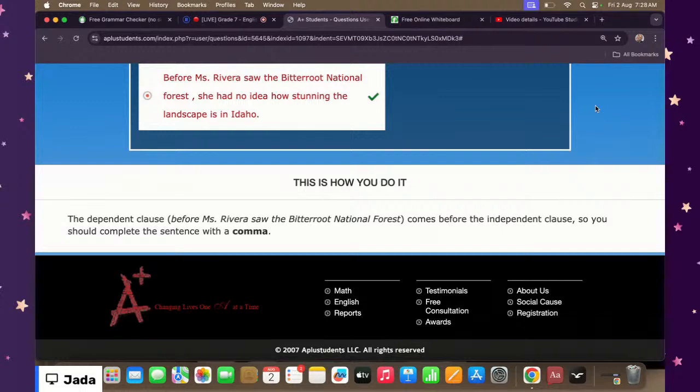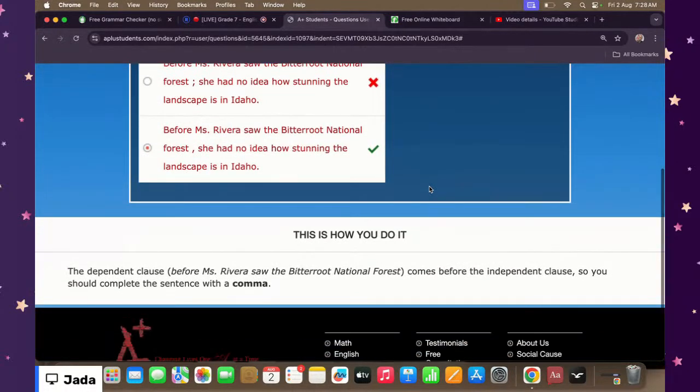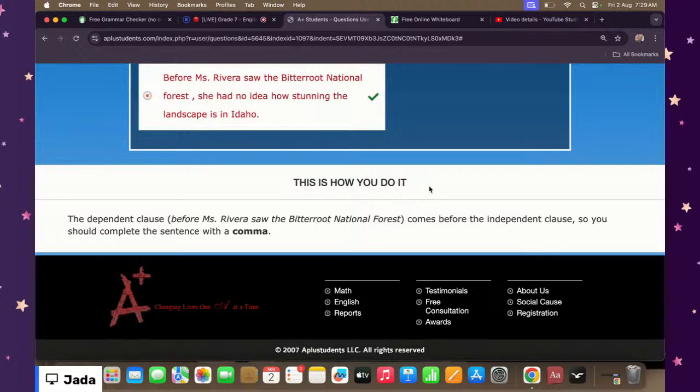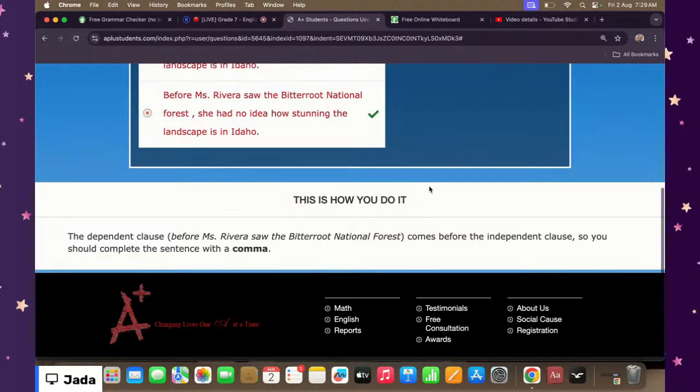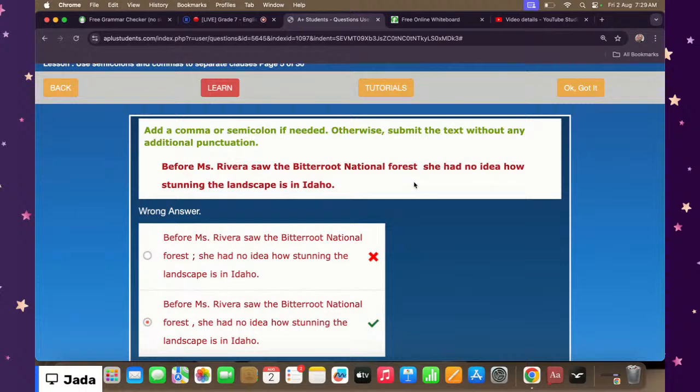So if you remember what I said, before is a dependent clause. So once you have before starting the sentence, you know that it's a dependent clause and you put a comma between the dependent clause and the independent clause. So you have to put a comma, not a semicolon. So if you click on semicolon and it's wrong and you're wondering, oh, why, just scroll down and you can have more explanation as to why it was wrong.